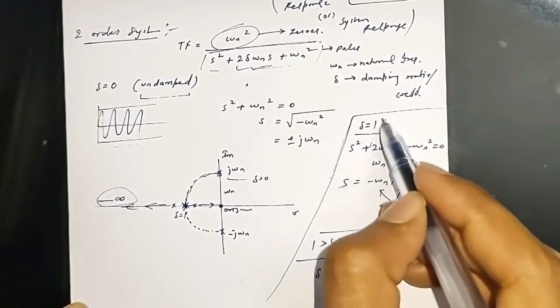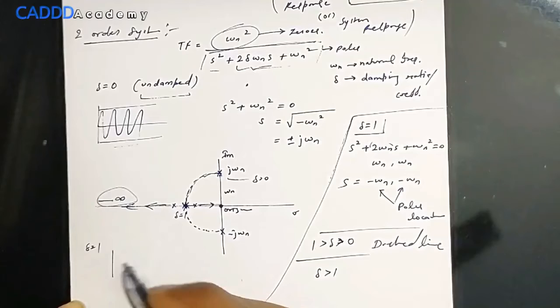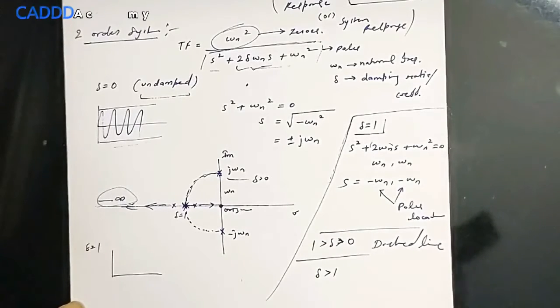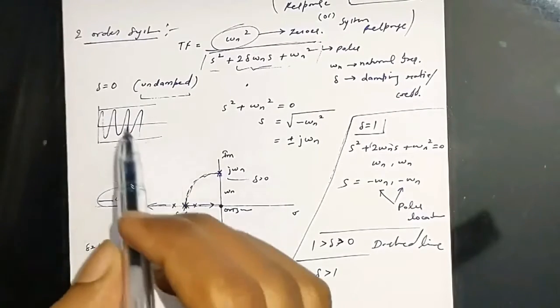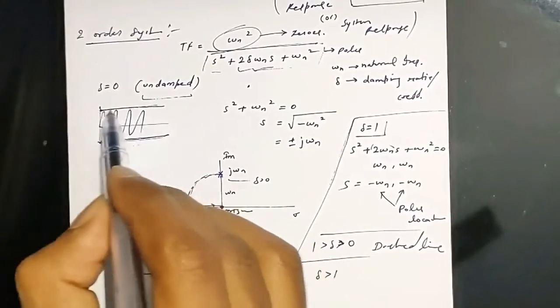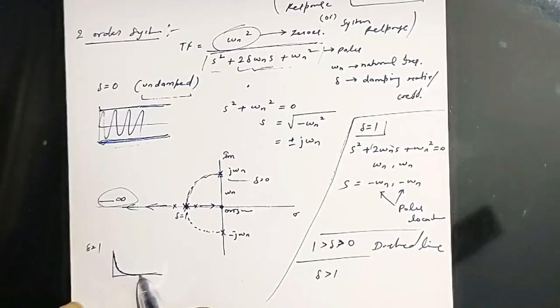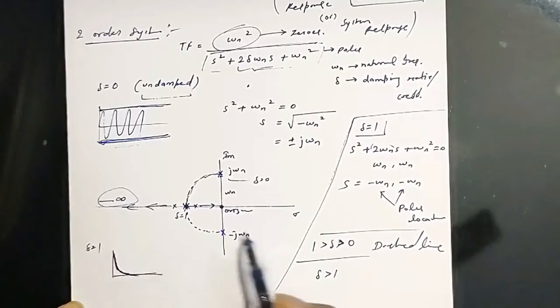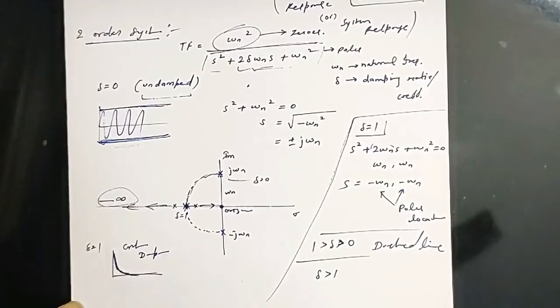When zeta is equal to 1, we will have a response like this one. Here we are not getting any damping in the response, but here we are getting critical damping. Damping means decrement, so we are getting critical damping here, which means it is a critically damped system.